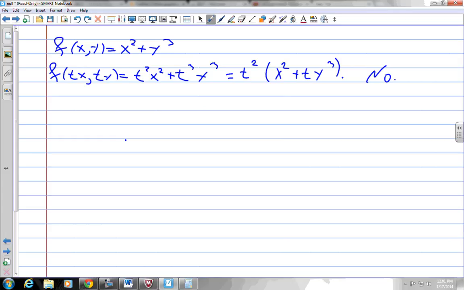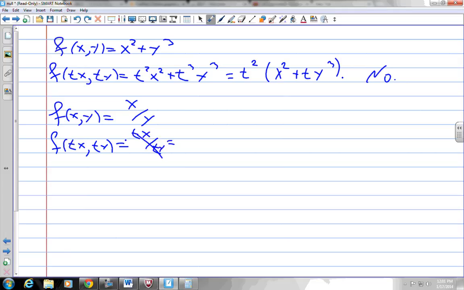Your book does this example, x over y. If we do it here, tx, ty becomes tx over ty.